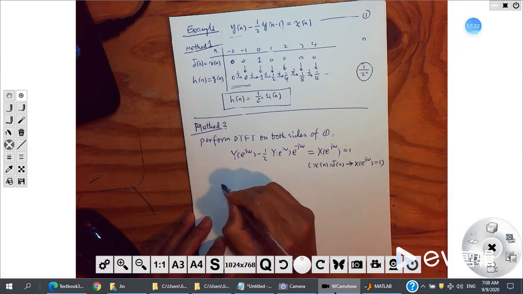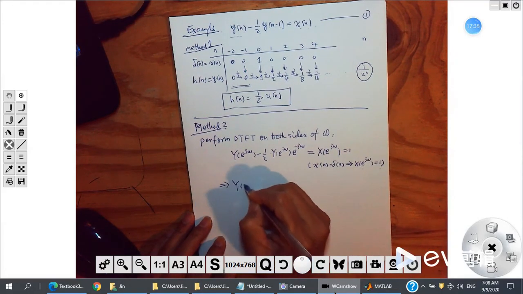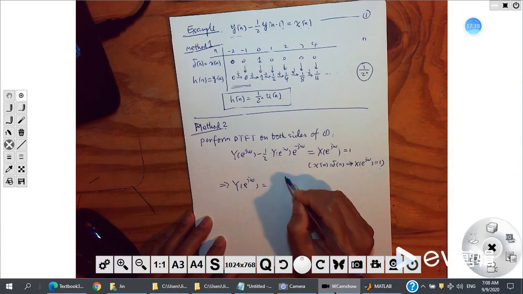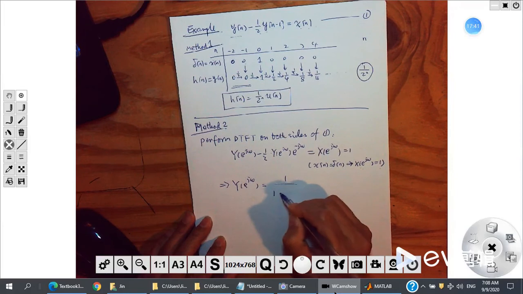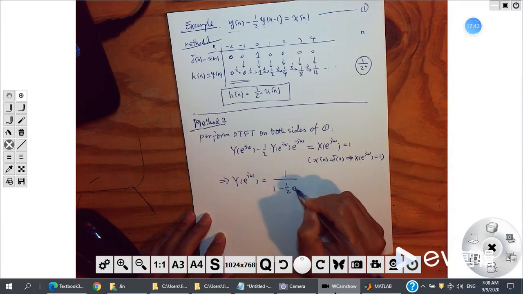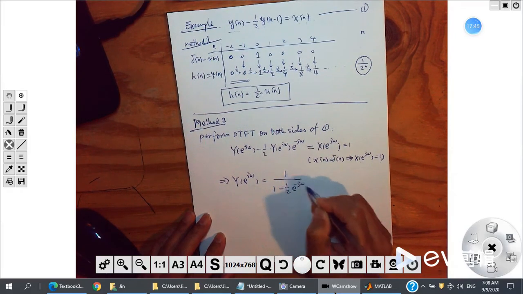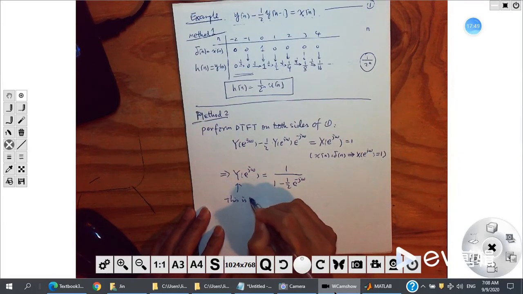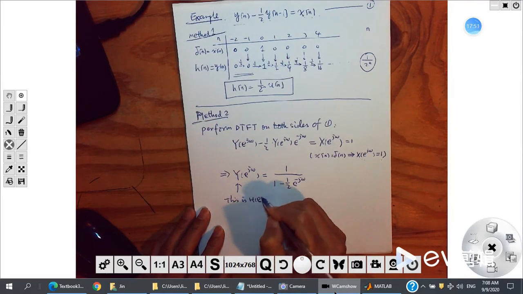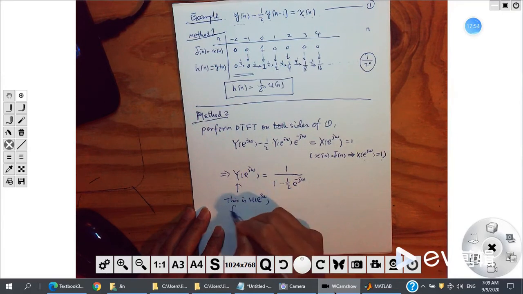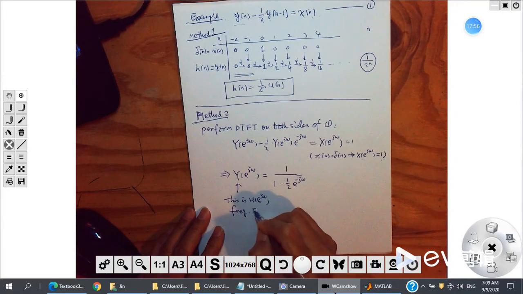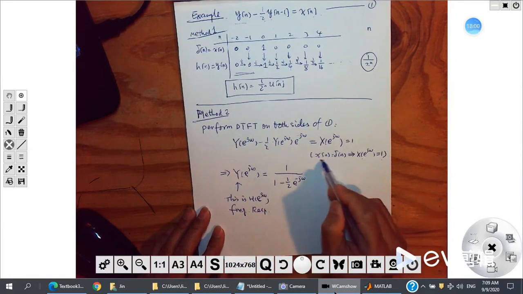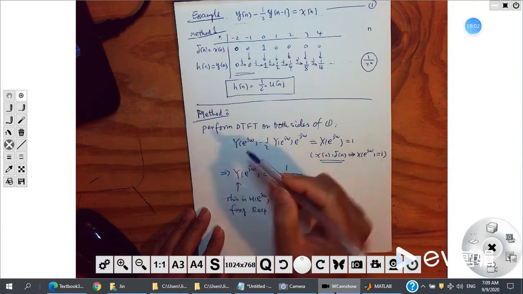Then we can have capital Y equal to 1 over 1 minus 1/2 e to the negative j omega. And this is H of e to the j omega, the frequency response, because the input is delta. Input is delta, then the output will be the h output.